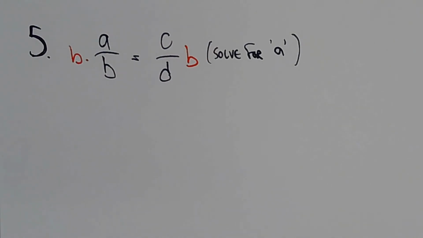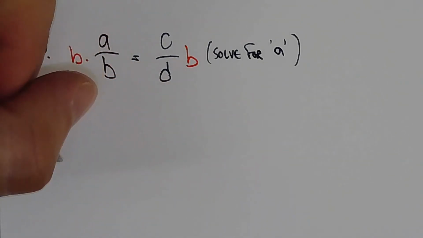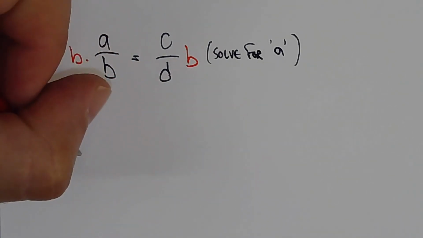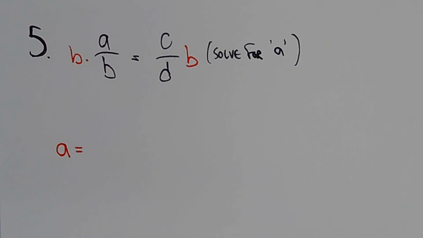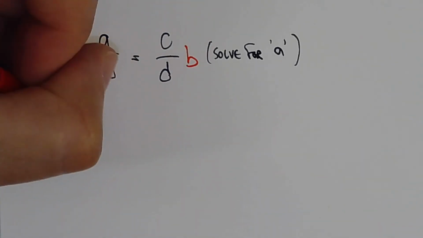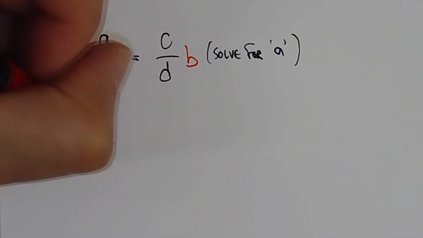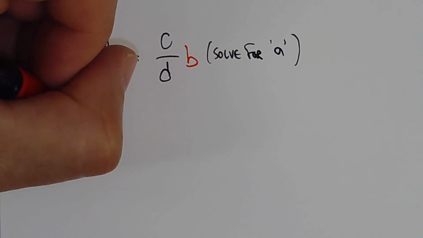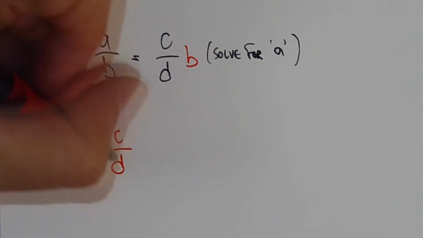This time, I'm going to give you 3 different possible answers for how this might look, and you tell me which one is correct. So it's going to be a on this side. So we might have a equals b times c over d.